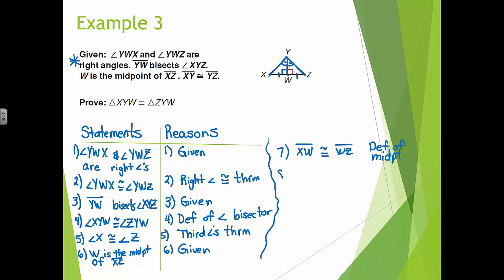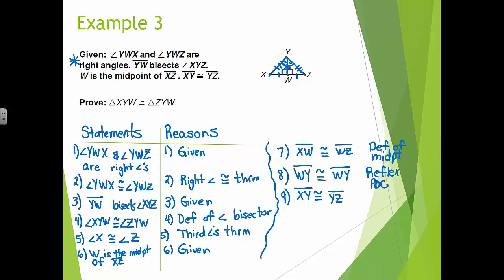All right, so then 8, what can we say next? We see that WY is congruent to itself. That's another pair of congruent sides, by the reflexive property of congruence. And then the last given, thank goodness, tells us that XY is congruent to YZ.